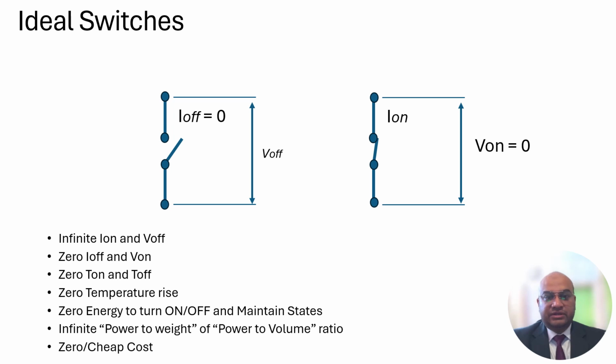Then it should not be impacted by a rise of temperature, or there should not be any change with temperature. Next, it should not require or dissipate any energy when it is turned on or turned off. So it should maintain its state. Then it should have infinite power-to-weight or power-to-volume ratio, and ideally zero or cheap cost. The ideal switch should have these characteristics.